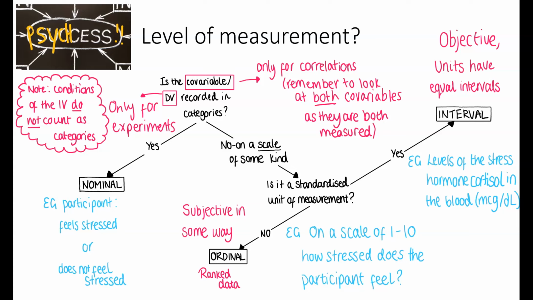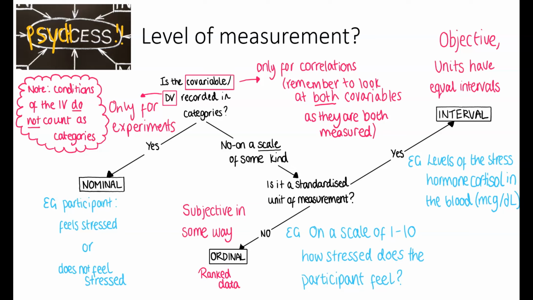However, if you are rating something on a scale of 1 to 10, one person's 5 is not exactly half another person's 10. Someone's 5 could be equivalent to someone's 10. There is no universal agreement on a rating scale. Nominal is the most basic level of measurement of the three, and interval is the most sophisticated.